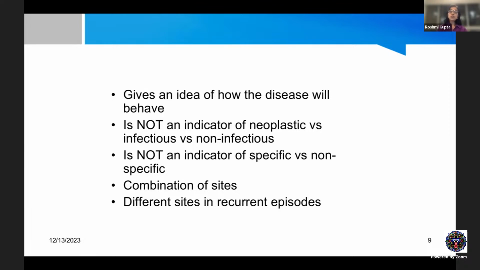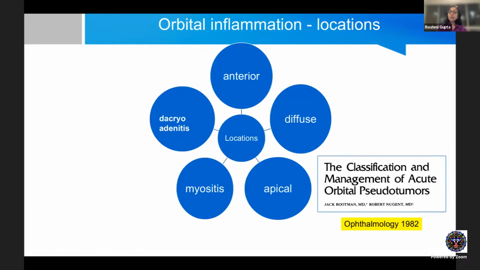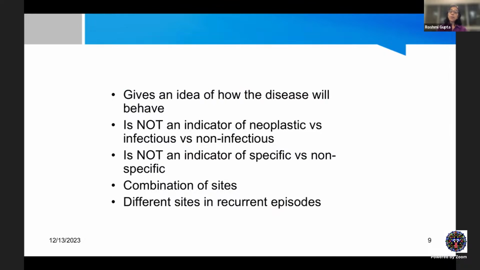And also, we should remember, even though for simplicity's sake it's been divided into anterior, diffuse, dacryoadenitis, myositis, and apical, there may well be a combination of sites present in a particular patient. And as we know, about 20% of the patients will have recurrent episodes. And there may be different sites in the recurrent episodes.